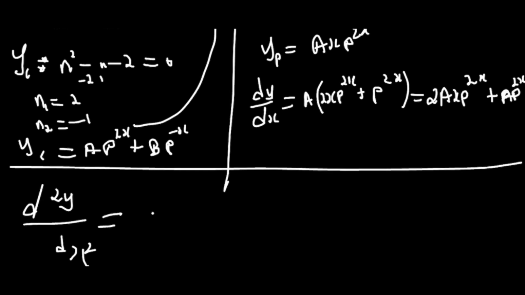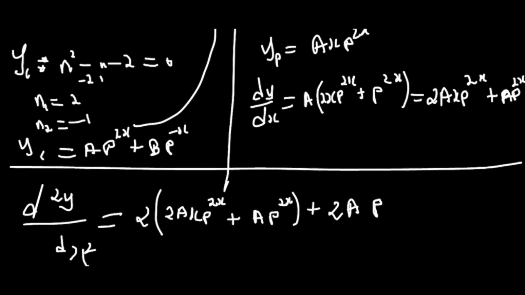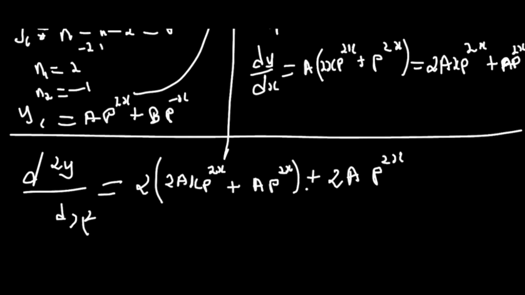So we factor out 2 and copy the same function, because the derivative of this one is going to give us all of these. Therefore we have 2ax e to the power 2x plus a e to the power 2x. Now we are done with differentiating this, so we move ahead with this one plus 2a e to the power 2x. So that's our second derivative.